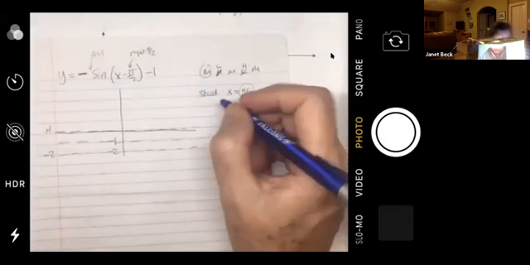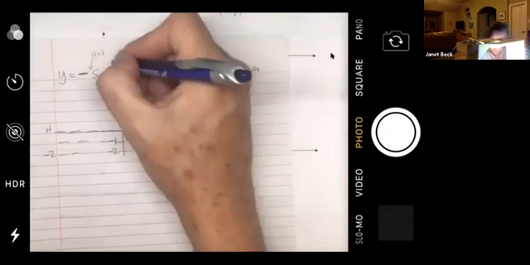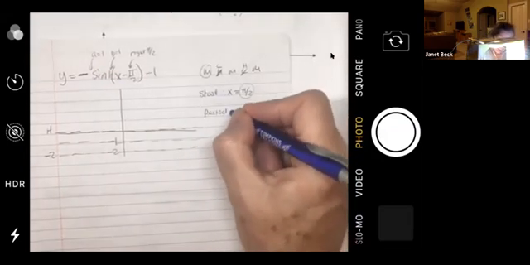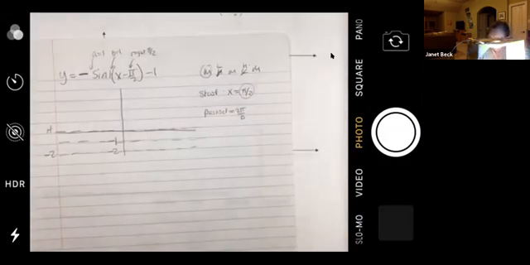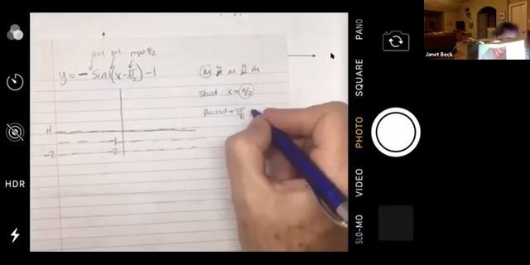Okay, so for the period, our value of b there is just 1. For sine and cosine, you use 2 pi divided by b. You'd use pi divided by b if it was a tangent or a cotangent. All the others use 2 pi divided by b.